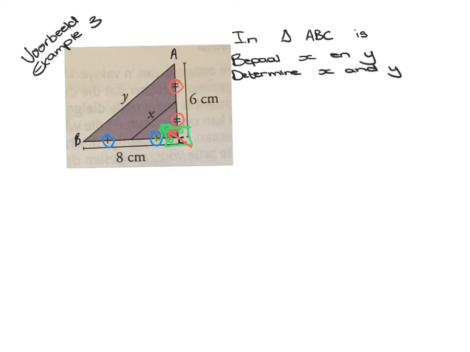Now you know that the two short sides squared is equal to the long side squared. So let's start working on the outside. This y squared will be equal to this side squared plus that side squared. Let's write it: y squared is equal to 6 squared plus 8 squared.